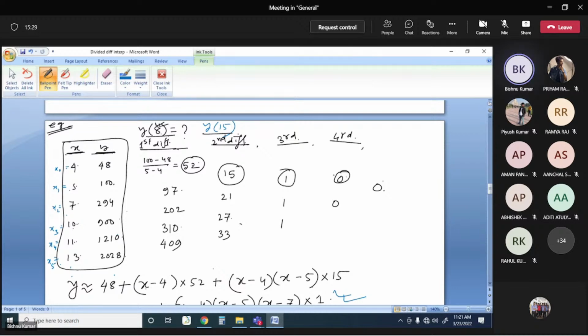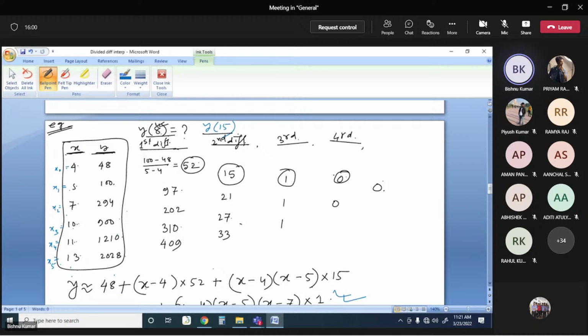To calculate the next value, subtract 100 from 294, divide by 7 minus 5. So it will be 194 by 2, which means 97.